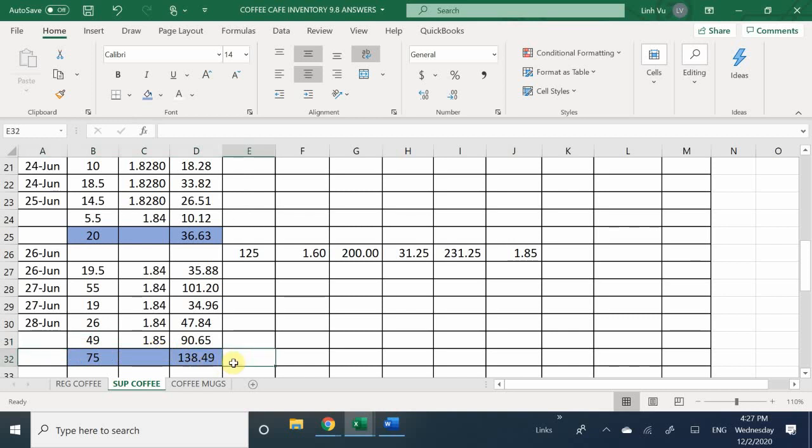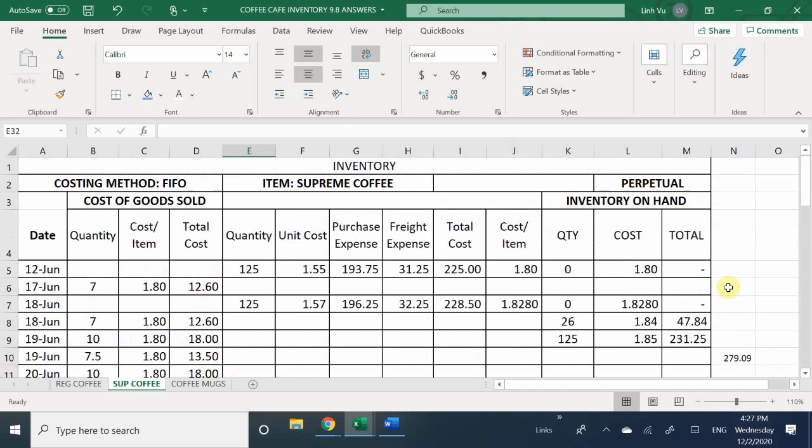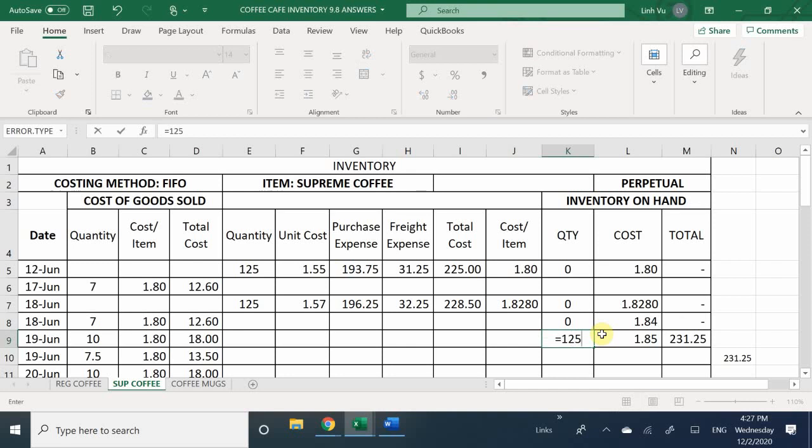And so we're wiping away the one up top. That is now 0. And then 125 minus 49 equals 76.